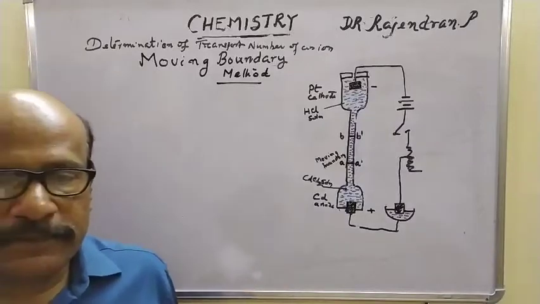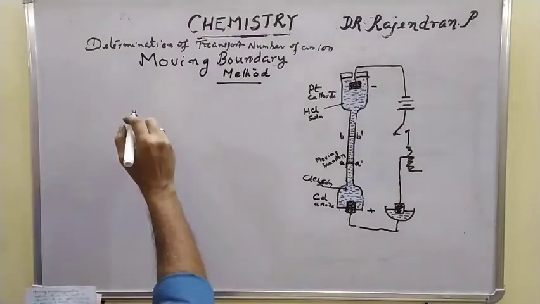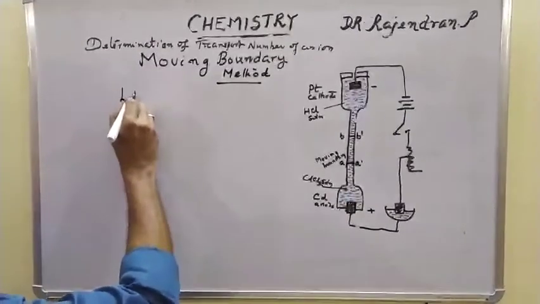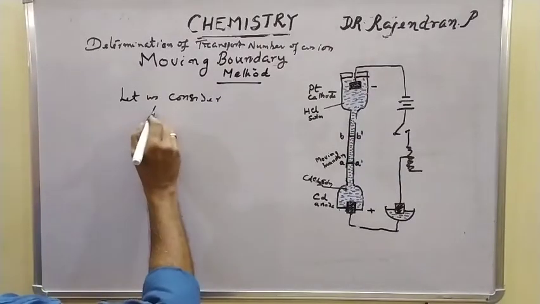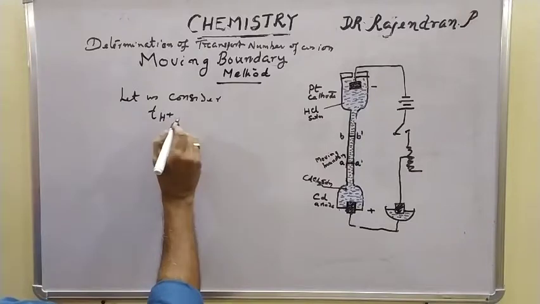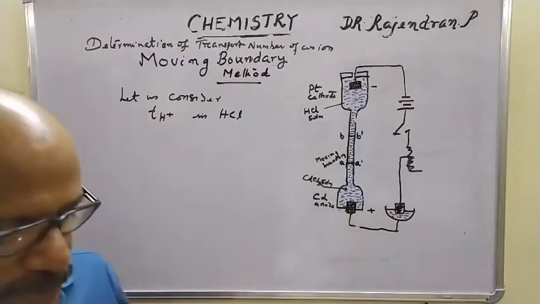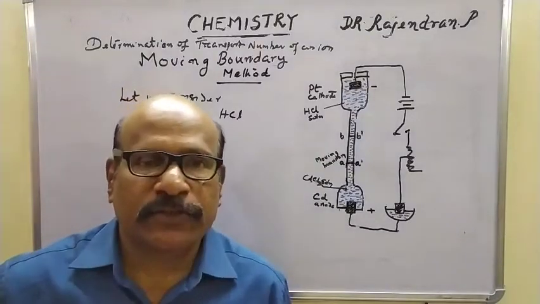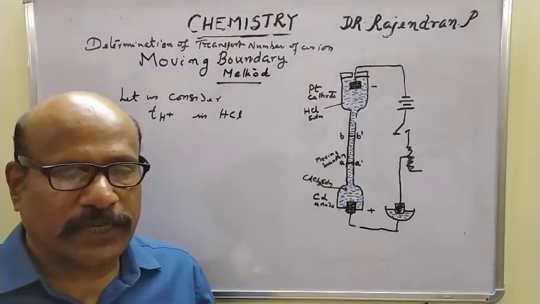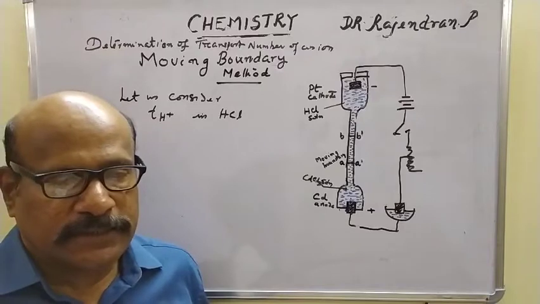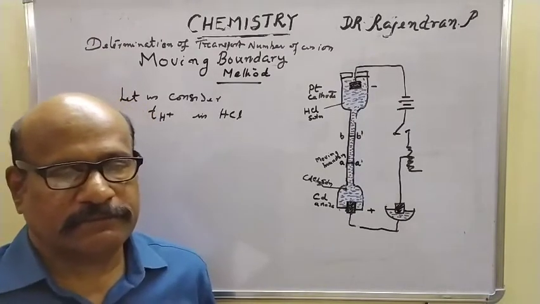So let us consider the determination of the transport number of the H plus ion in HCl. For that we have to take a solution of hydrochloric acid as one of the electrolytes, and the other is a cadmium chloride solution, the second electrolyte.